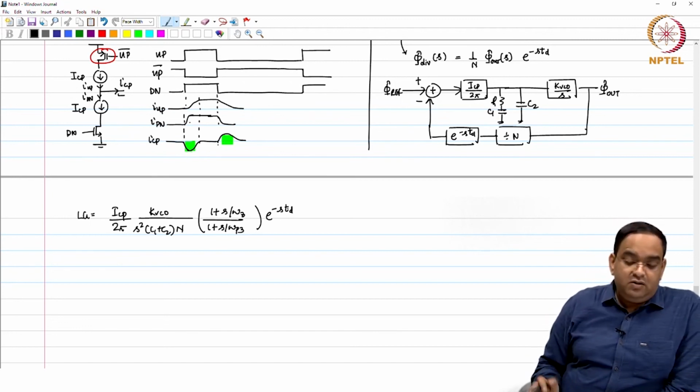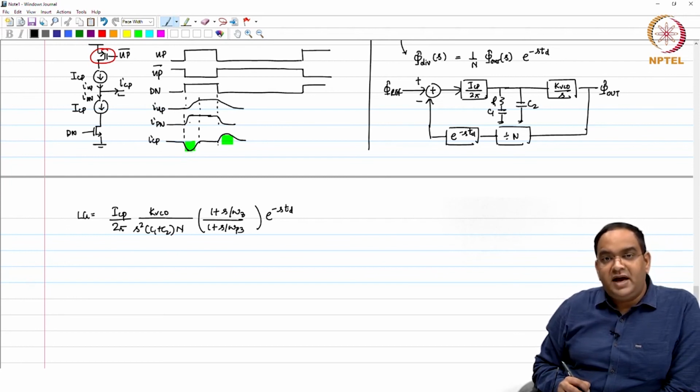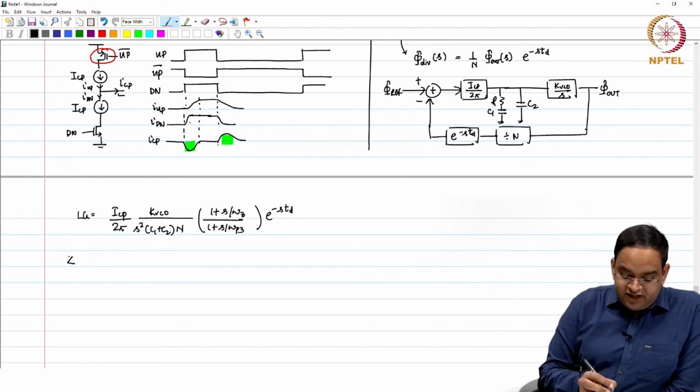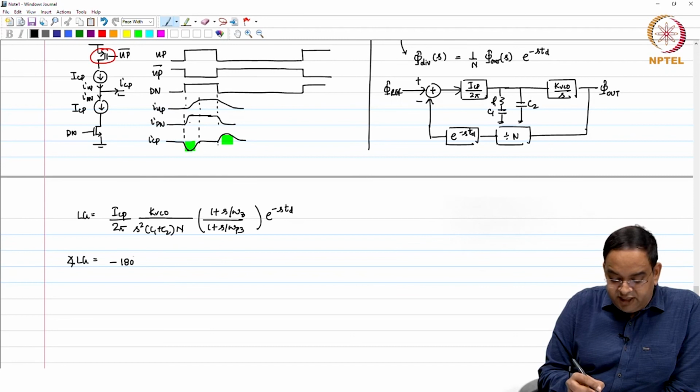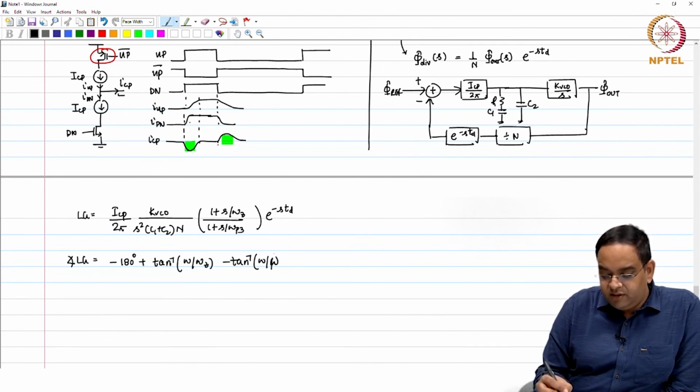Okay. Now, e power minus s t d does not change the loop gain magnitude. Okay, it changes the phase. So, the new phase is going to be minus 180 degrees plus tan inverse of omega by omega z minus tan inverse of omega by omega p3.